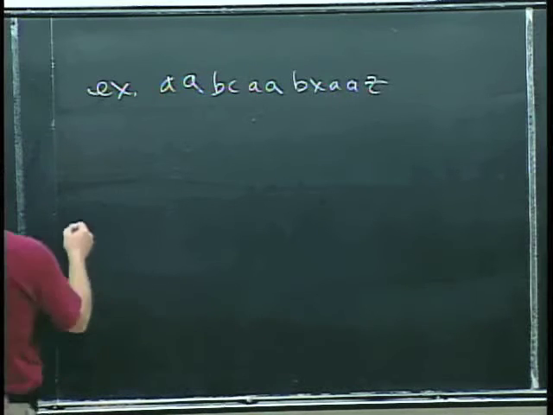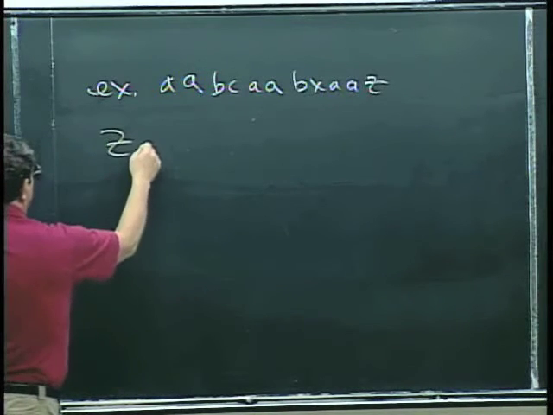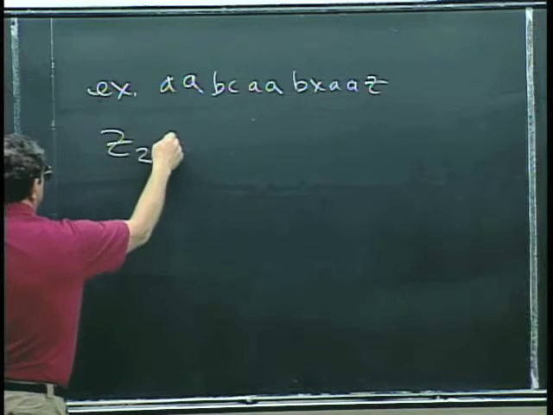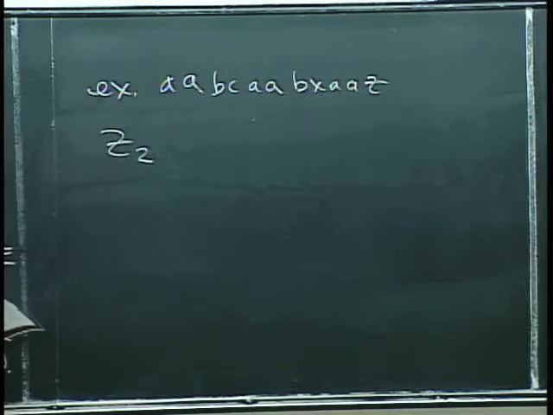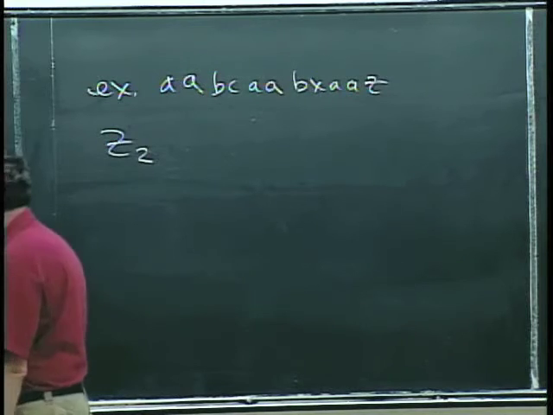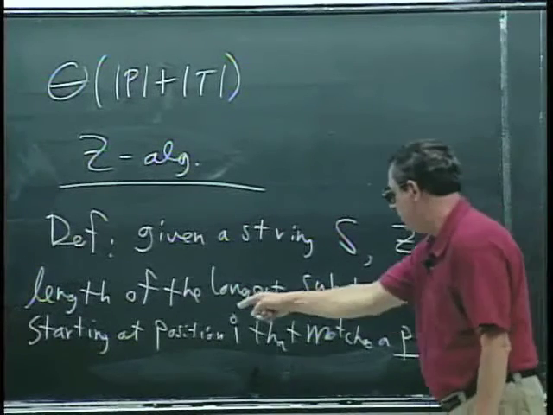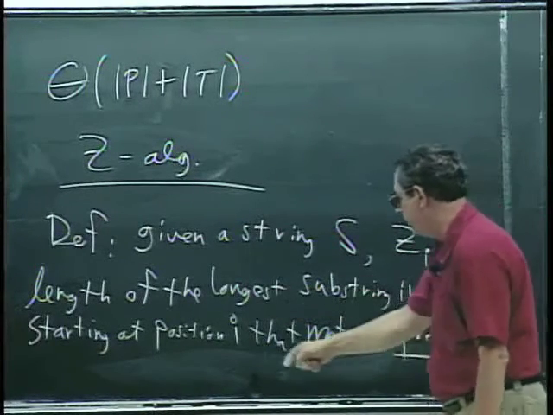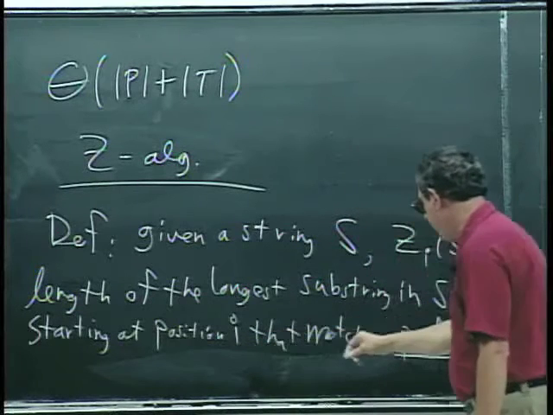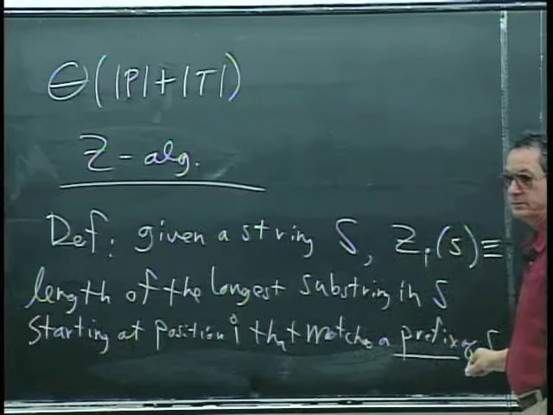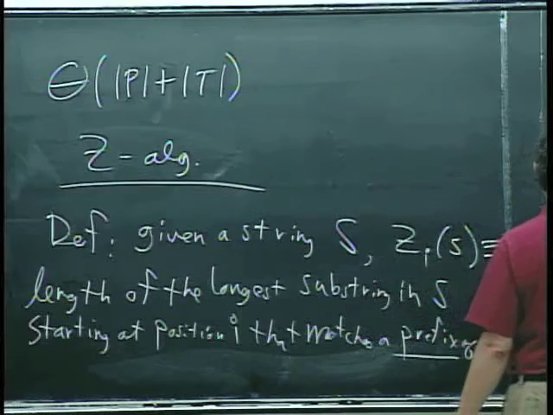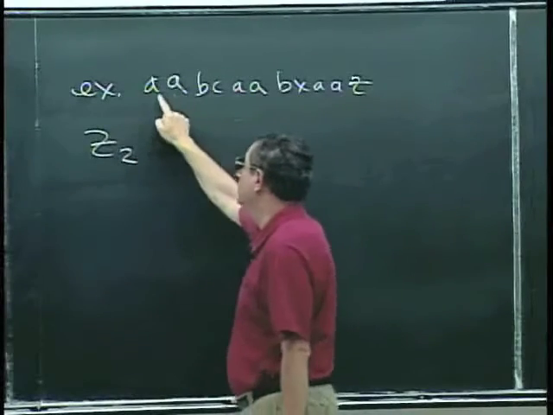Okay, so Z2, I'm going to drop the explicit S in here. It's just extra writing. What is Z2? Just look at the definition. Given a string S, Z, now in this case 2, is the length of the longest substring in S, starting at position 2, that matches a prefix of S. So here's position 2.